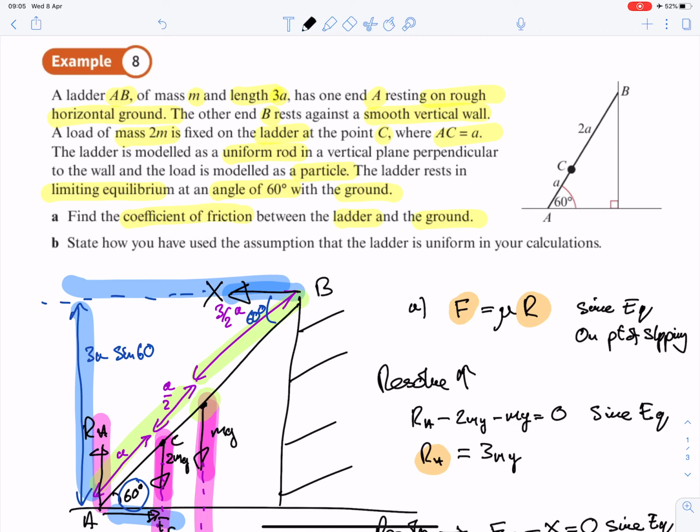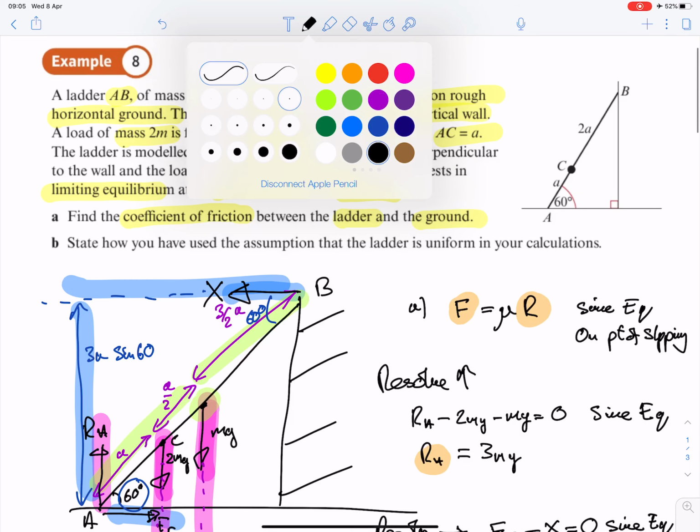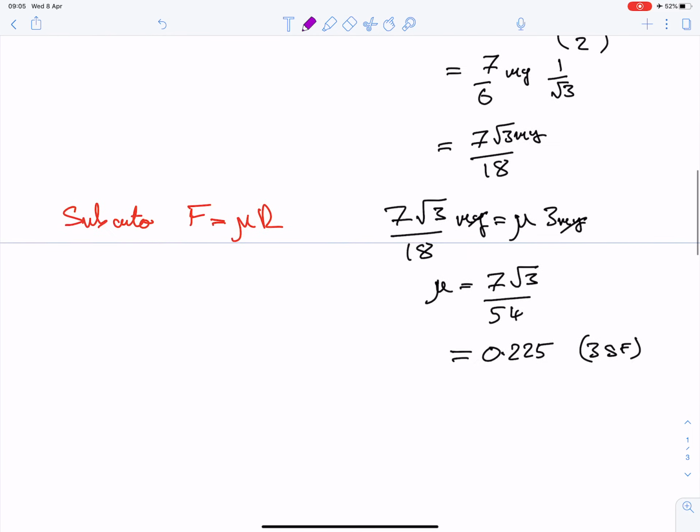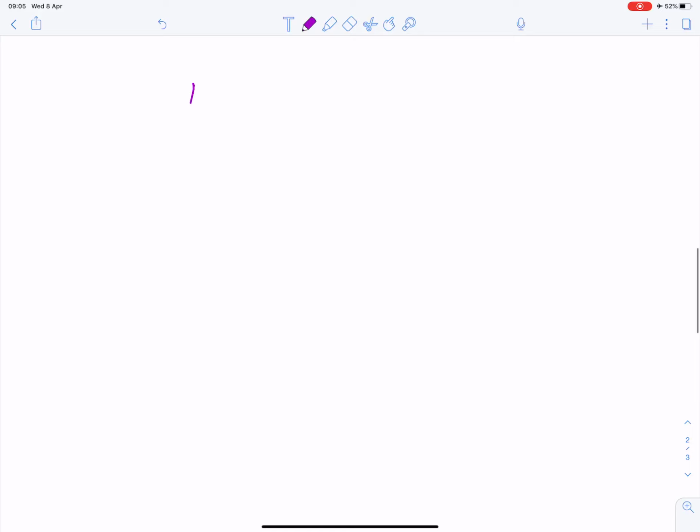Tap it in the calculator and we get 0.225. That's to 3 significant figures. That's probably a little bit over accurate, but the g's have cancelled, so we've not actually used the fact that g is two significant figures in the question.